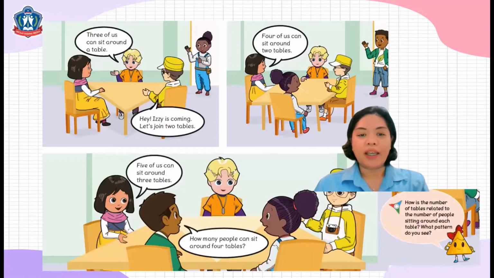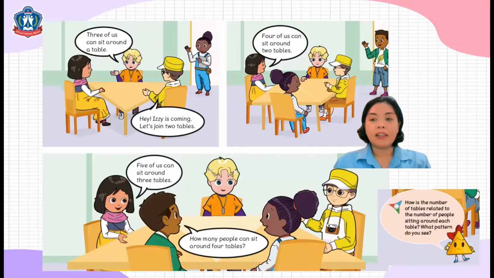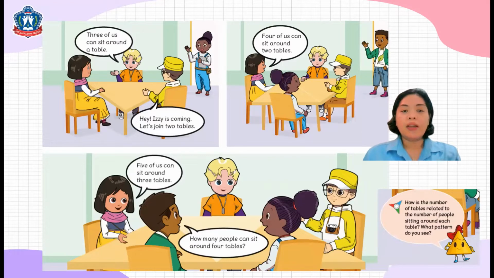To start with, I have here a picture. Look at these children. There is a triangle table. Three children can sit at one table. How about if they form two triangle tables into one table together? How many children can sit?